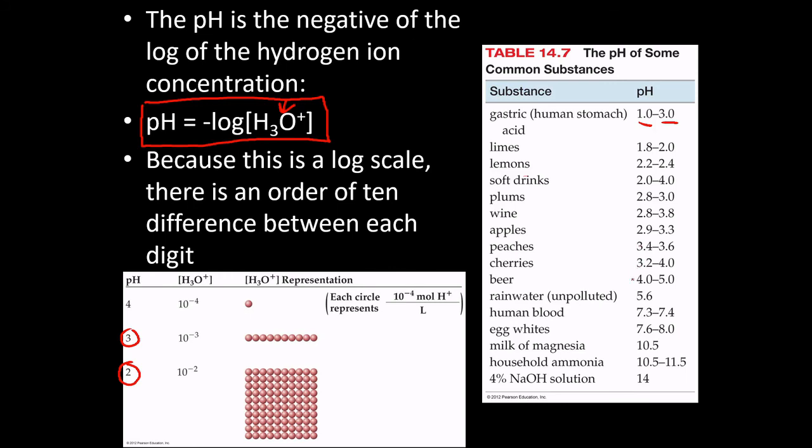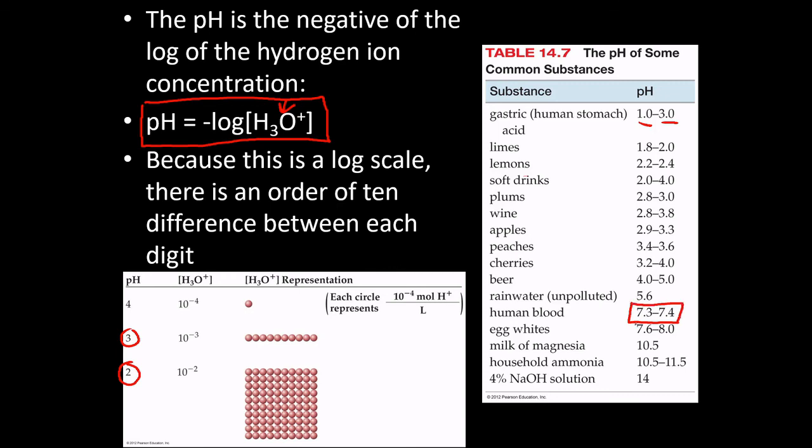Other things are a little bit closer to neutral. We'll skip over a few here. So human blood is actually slightly basic. If it was not slightly basic, you would be very much dead. The acidity or basicity of your blood is actually extremely important. You can see that the range here is really small.